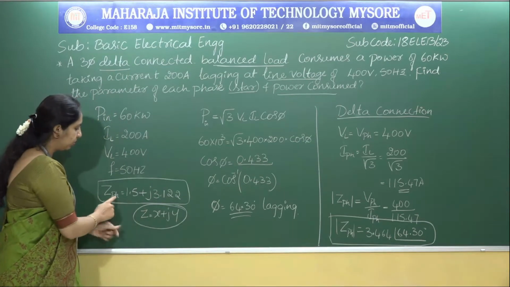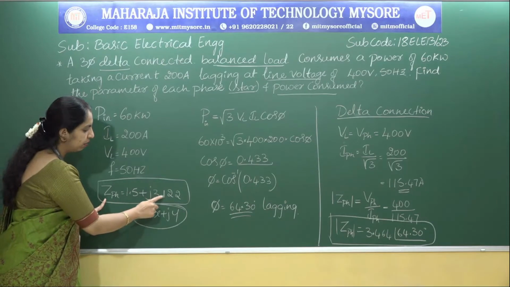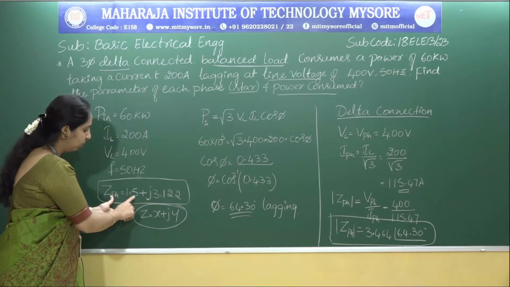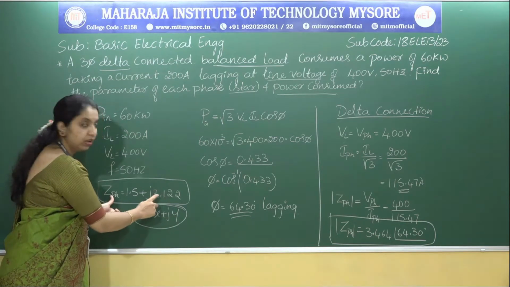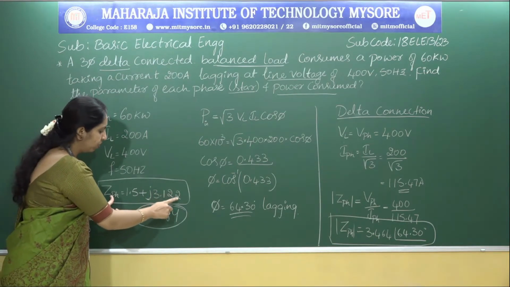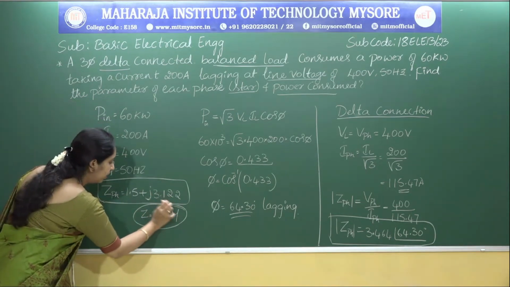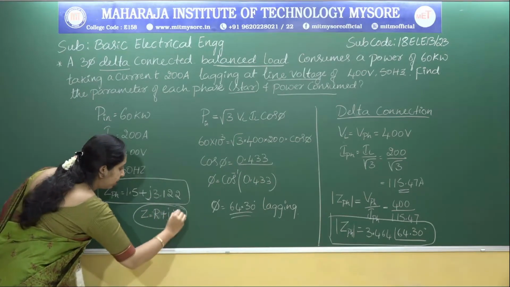Once we convert this, we get ZPH is equal to 1.5 plus j 3.122. So what is x now? X is equal to 1.5, plus j into y, so y is nothing but 3.122. Now this equation is in the form of Z is equal to R plus j into XL.